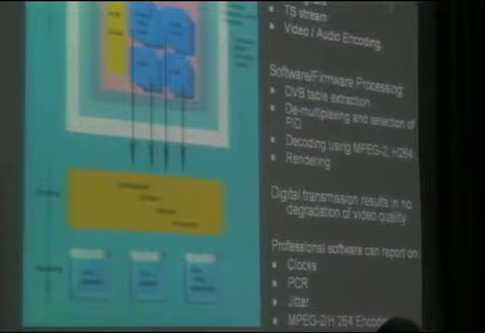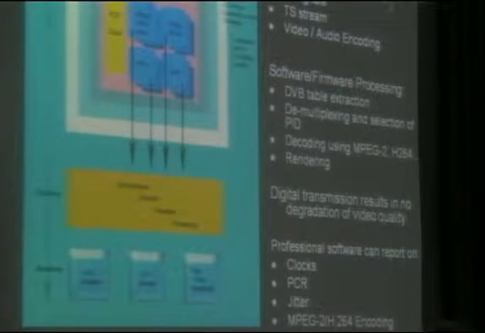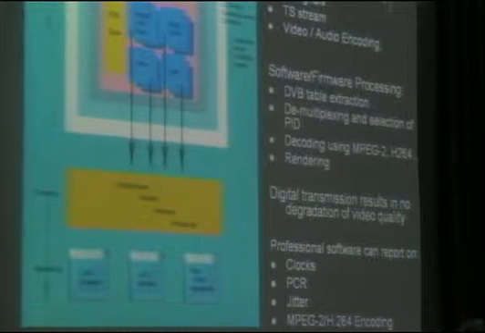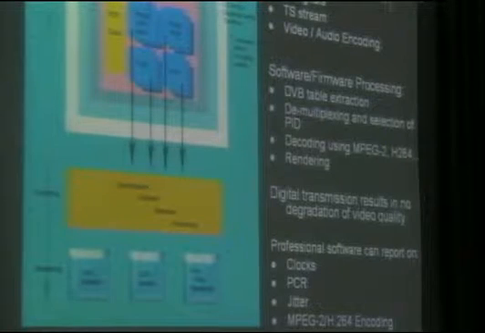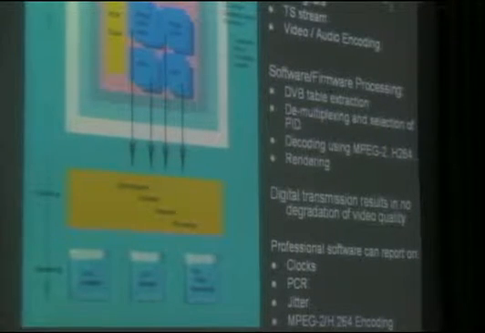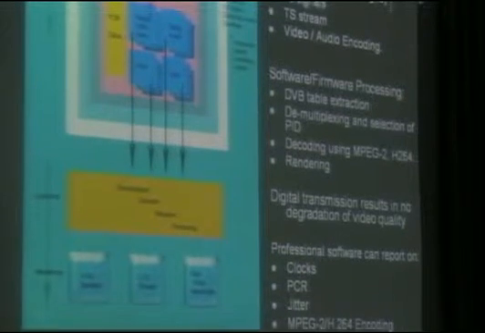We can measure some specific information we call MER, BER, and so on. On the transport stream, we have other kinds of measure we can do about the PCR errors, PCR jitters. We need specific software for that.